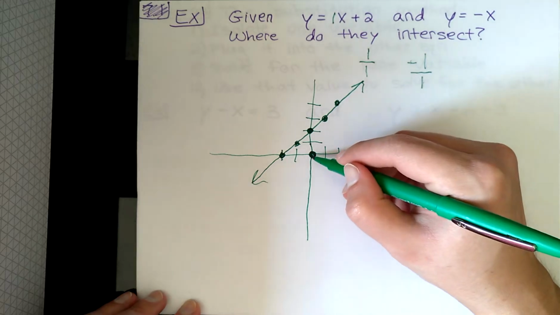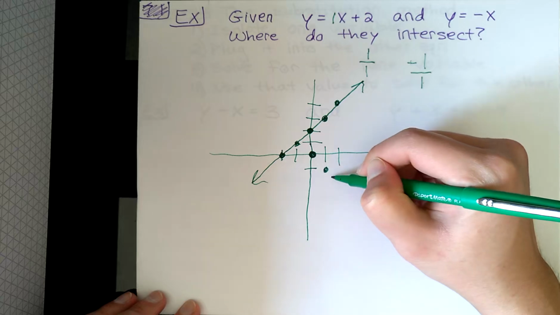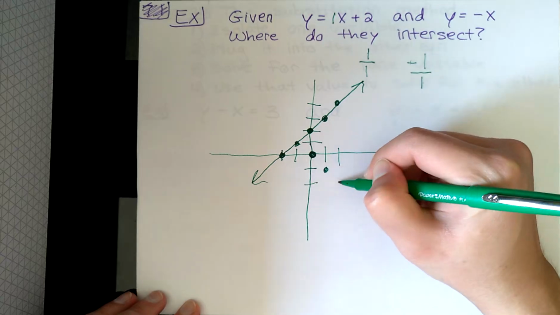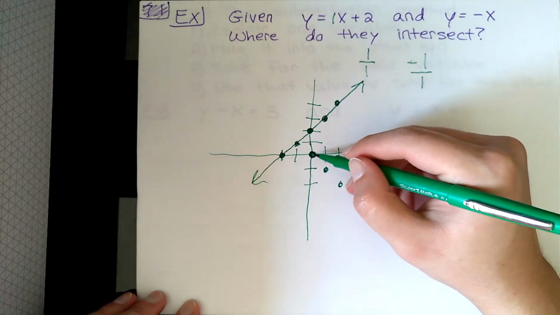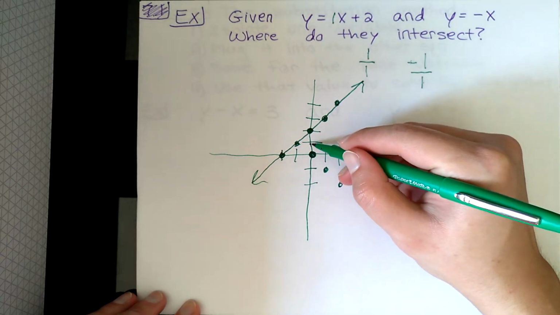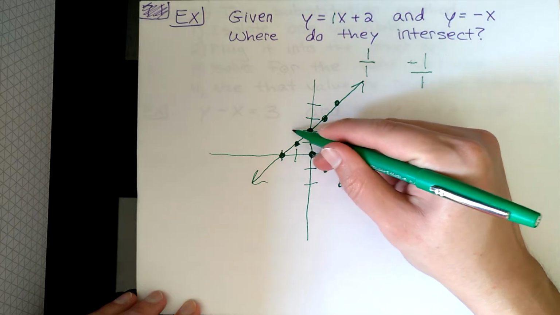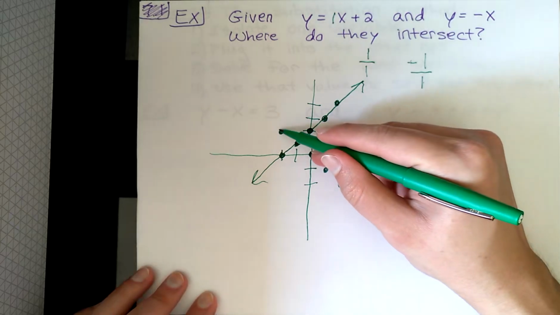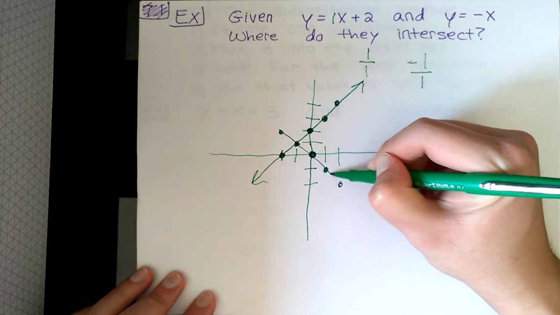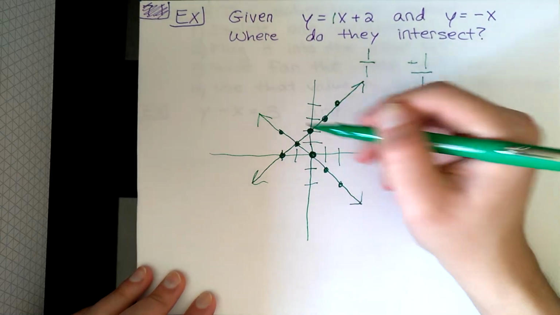So starting at this point, we'll go down 1, right 1, we get a new point. Down 1, right 1 again, we get another new point. And then the exact opposite, up 1, left 1, and then up 1, left 1 again. Which means our other line, y equals negative x, looks something like that.